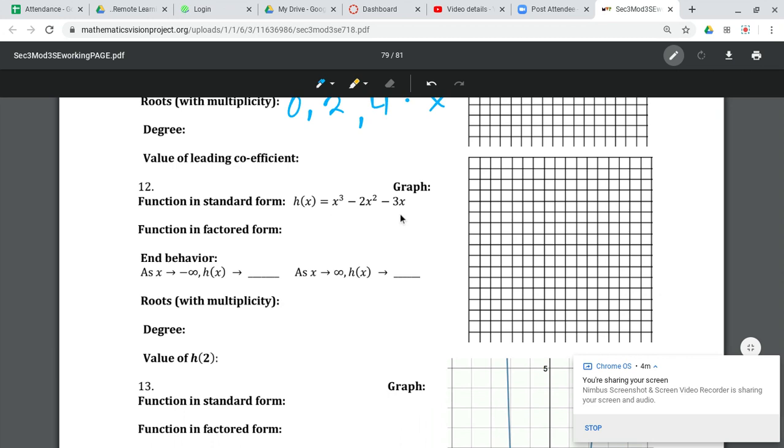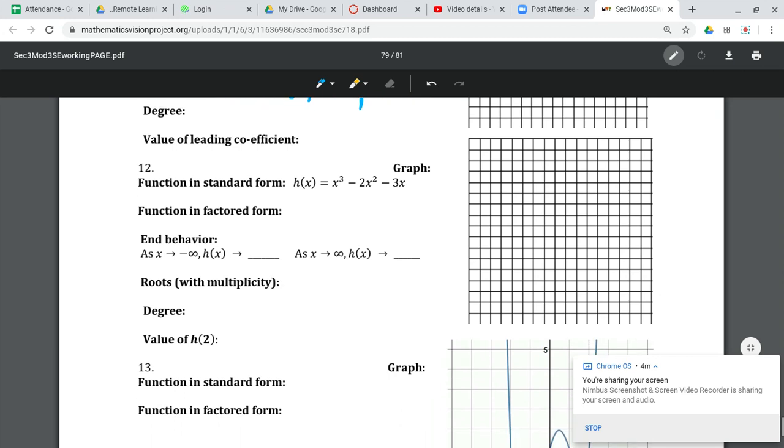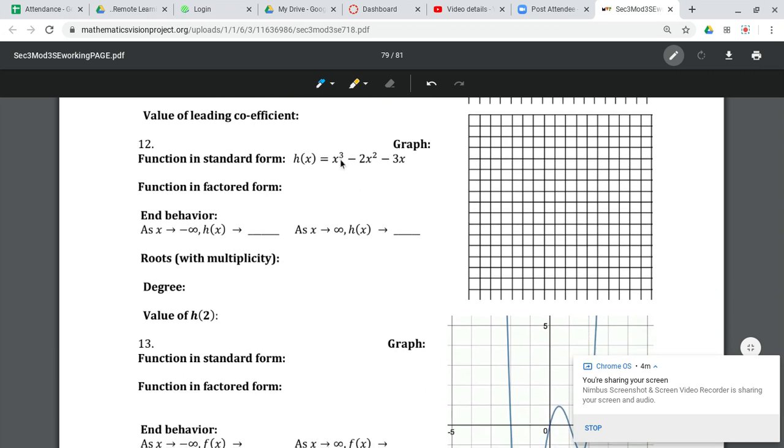This one is already in standard form for you. Degree is 3. This one wants to know the value of h of 2. That means you're going to plug 2 into the equation. So 2 to the third power is 8. 2 squared is 4, but 4 times 2 is 8.